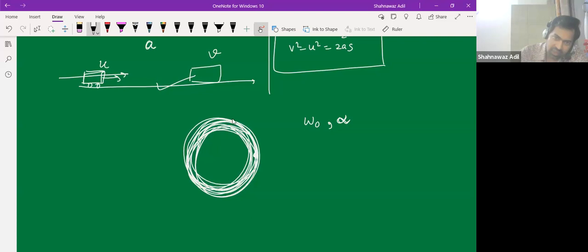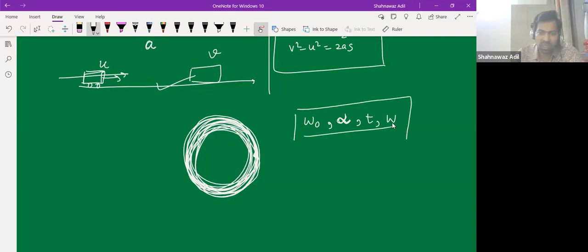It is covering more rotation in some fixed time, so it has some angular acceleration. Then at some time t, the angular speed will increase to, let's say, w. So correspondingly, what would be the kinematics equation?